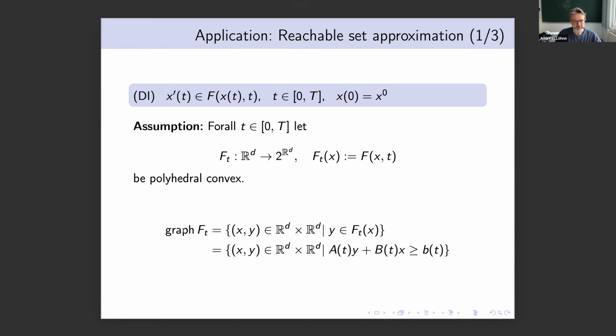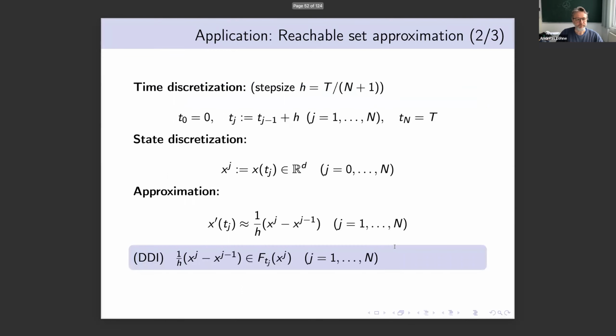So then the graph is, as I said, a convex polyhedron, and the graph can be expressed in this way by linear inequalities, and the data here can depend on the time. This is no problem here. So then we discretize this problem.